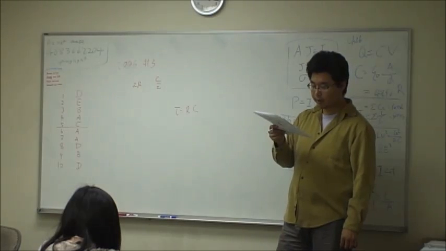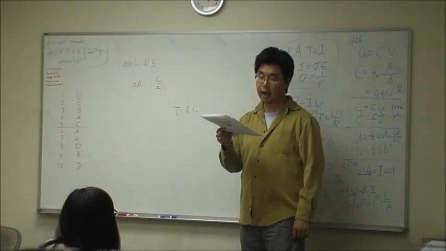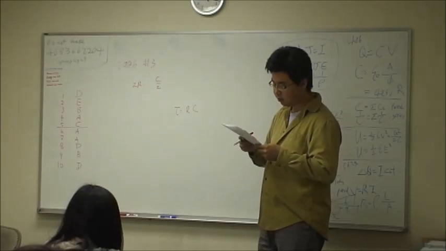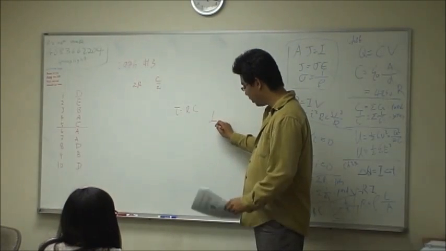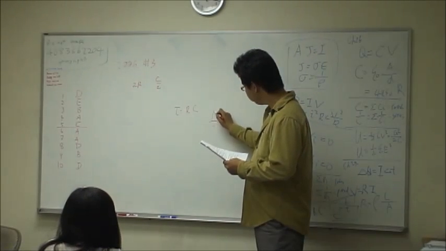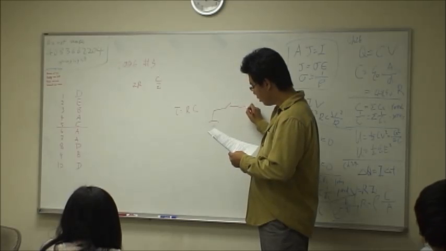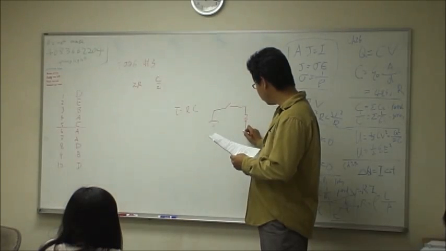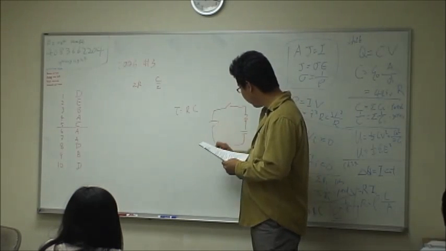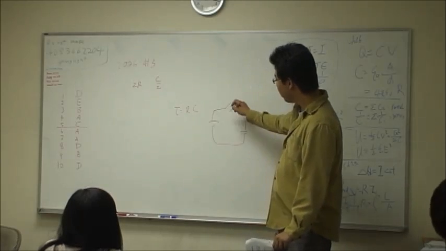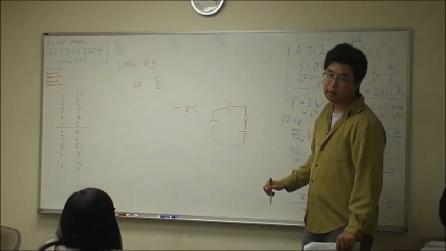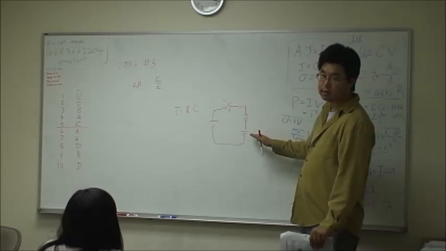Answer E: the long time limit of the voltage turns to half of Vm. Is that true? If we think about the circuit, there is a resistance and there is a capacitor. After the switch is closed, the capacitor starts charging.